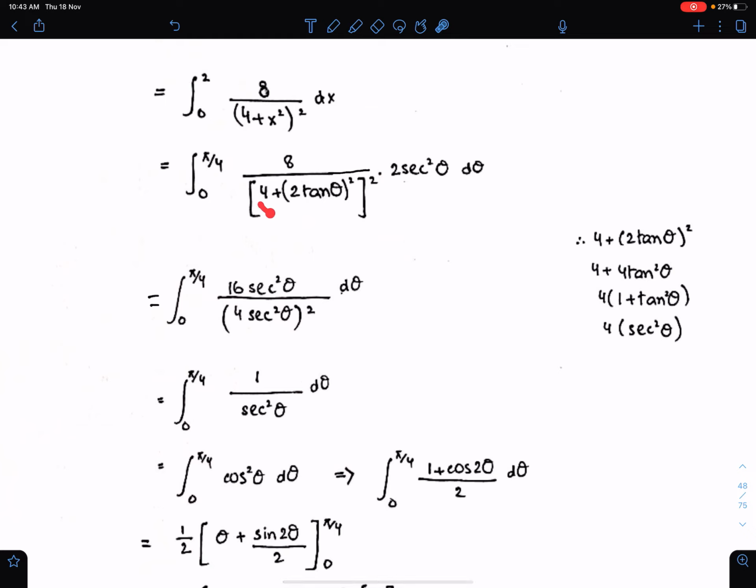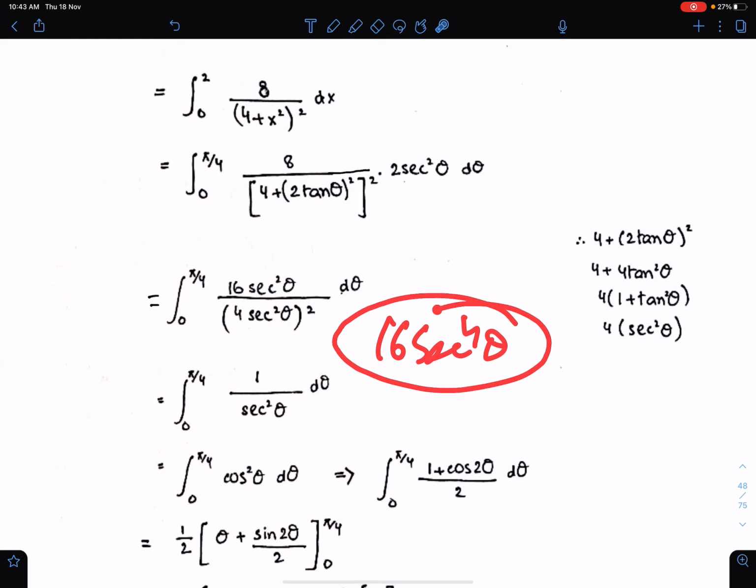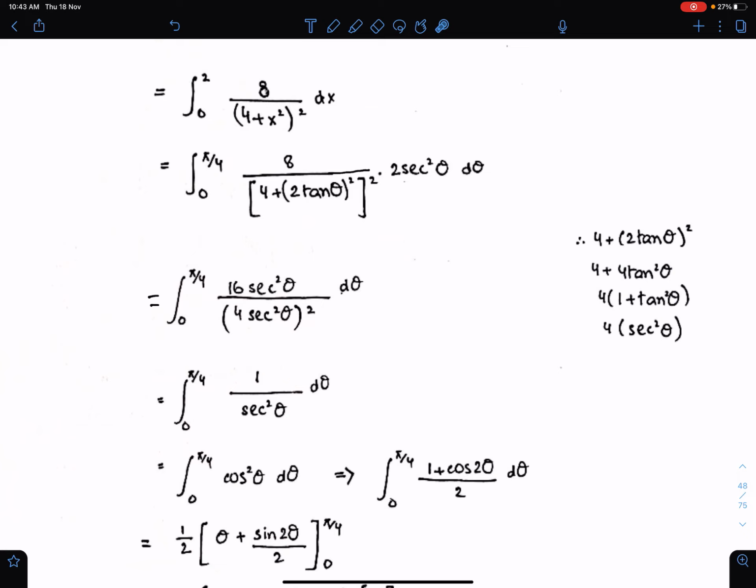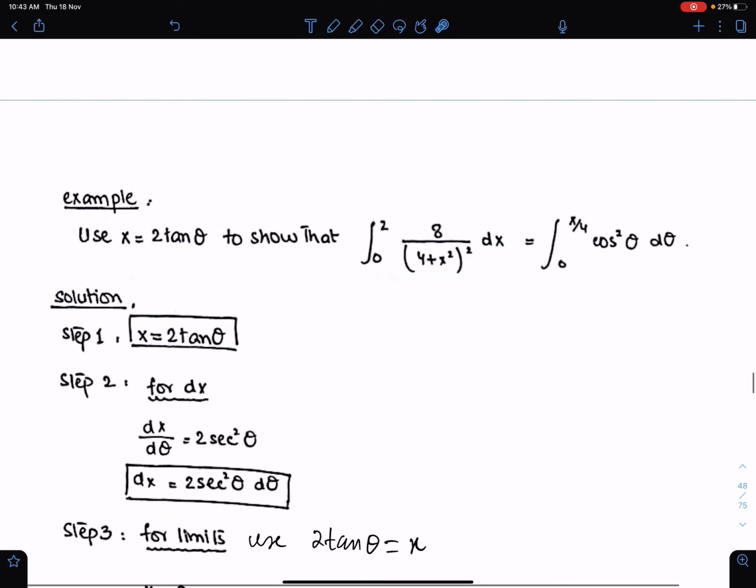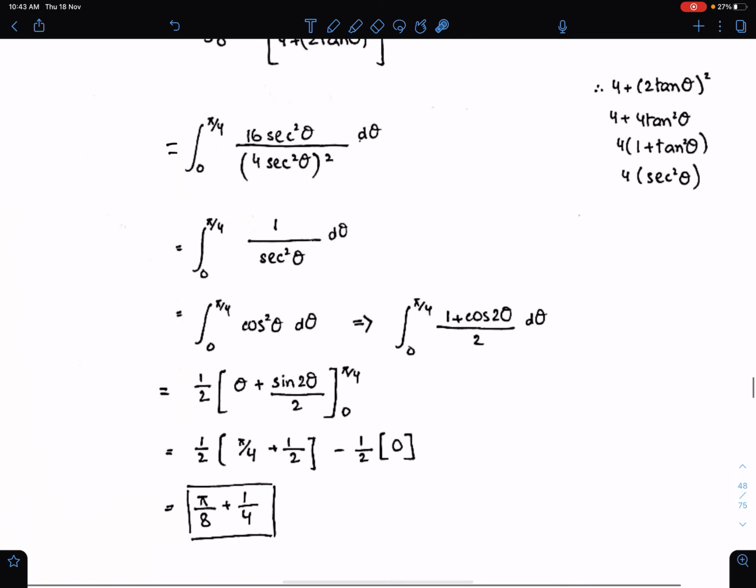So the simplified form of this is 4 sec square theta, and this square is here. When you square this, you'll get 16 sec power 4 theta, and when you cancel this with this, you will get 1 upon sec square theta, and this is cos square theta, and this is what we had to show. We had to show this thing, and we have got this result here.